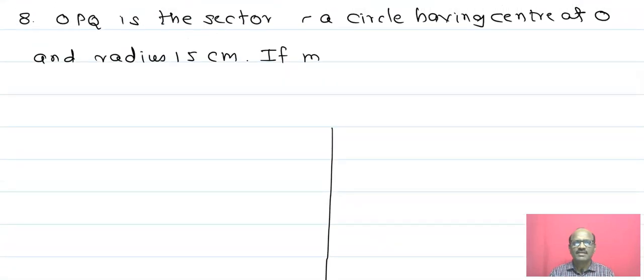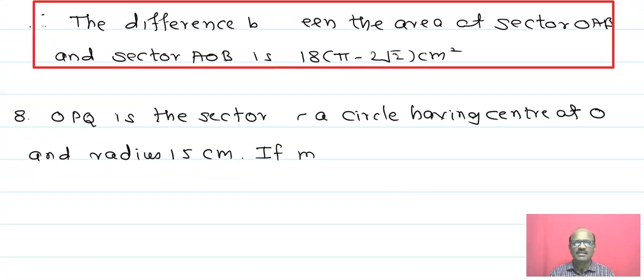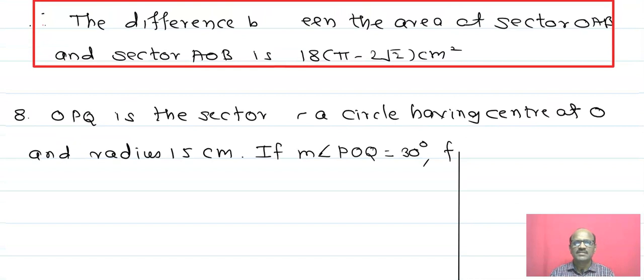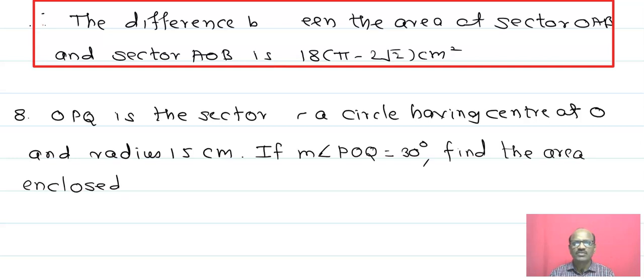If measure of angle POQ is equal to 30 degree, find the area enclosed by arc PQ and chord PQ. This is nothing but the area of the segment.